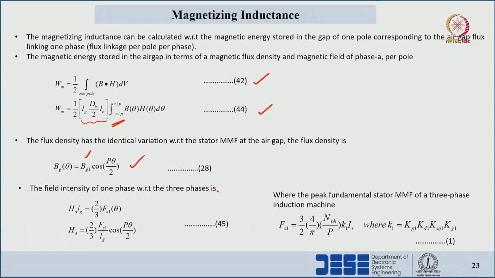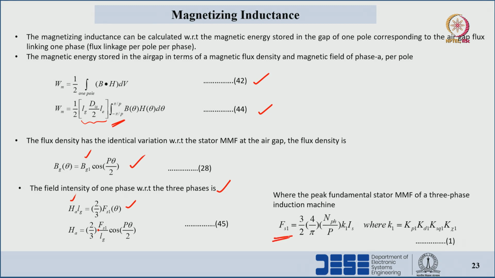The field intensity with respect to one phase of a 3 phase machine is H into L, that is MMF, equal to 2/3 of the actual MMF with respect to the 3 phases. Here we are considering MMF with respect to a single phase. So, H is equal to 2/3 of MMF per unit length into cos theta electrical.